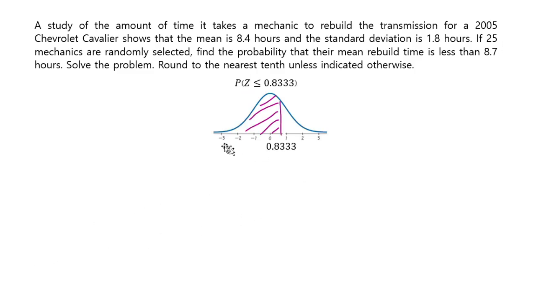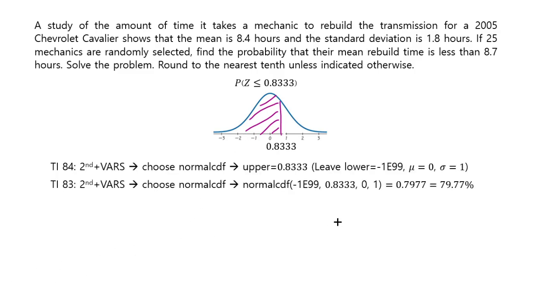Let's draw the bell curve. Here's the standard normal distribution, and here's the 0.8333, and because you're looking for the z left of this point, we have to shade this left side. And once you've shaded, you can say that the probability of this, or the area under this curve, is given by the normal CDF function from the calculator.